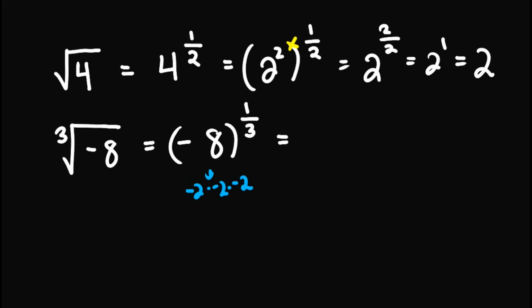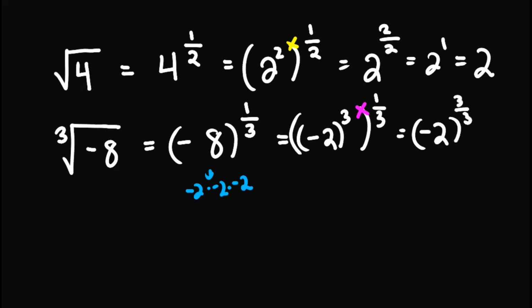So we can write this one as negative 2 cubed raised to 1 over 3. Multiplying the exponents, we obtain negative 2 raised to 3 over 3, or simply negative 2 raised to 1, or negative 2.